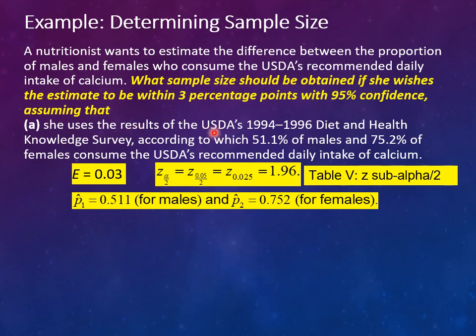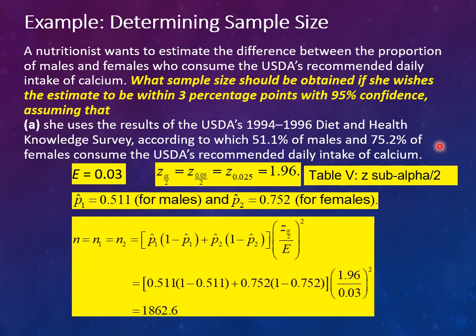From the previous sample, if we set p1 being the males, we get 0.511 because it's 51.1%, and p2 would be 0.752, representing the 75.2% of females who consume.